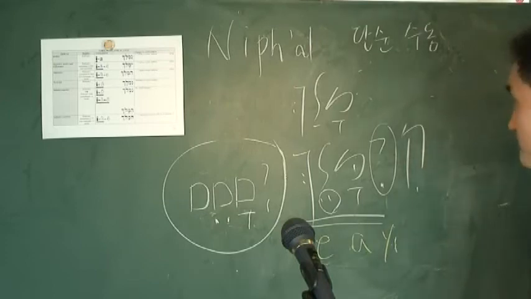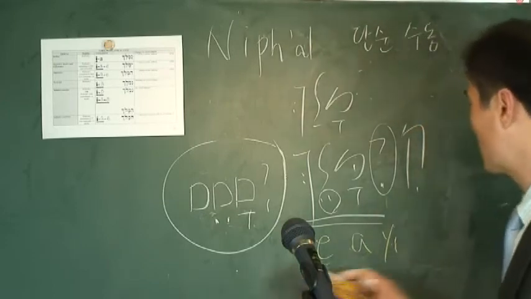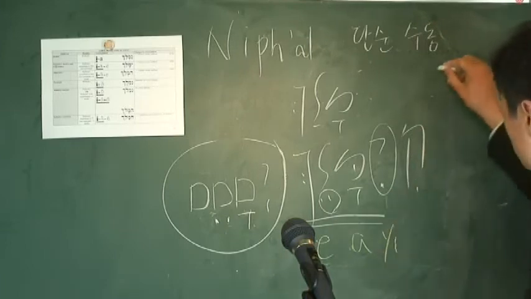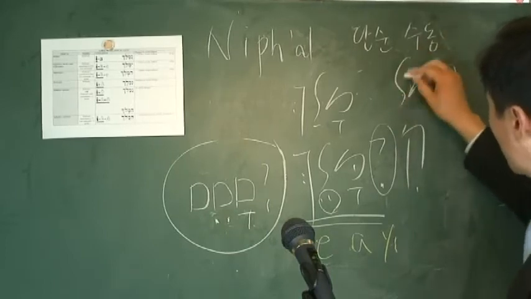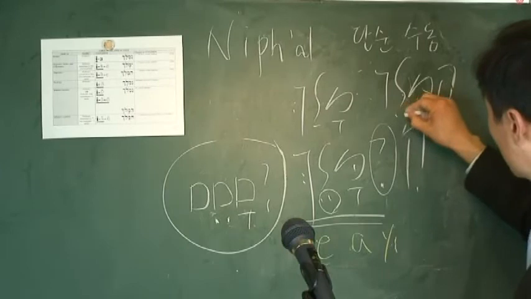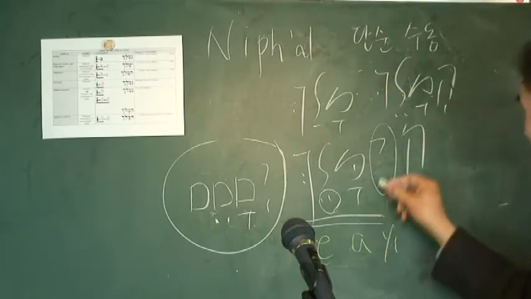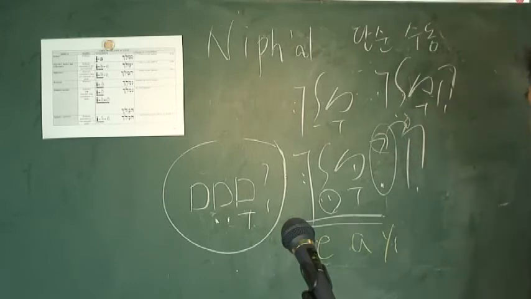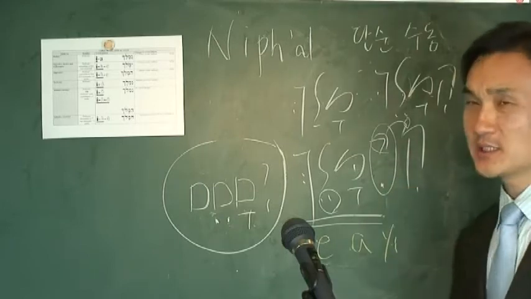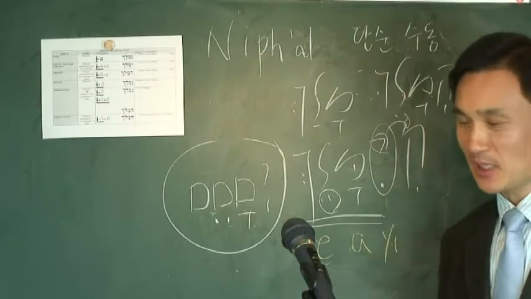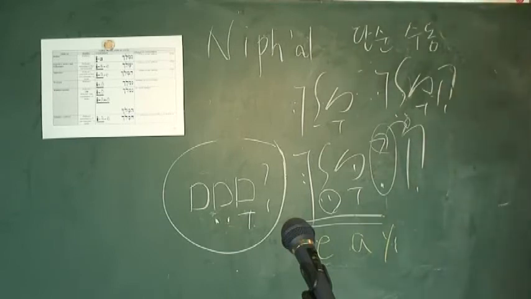The imperative changes the prefix yod to he. Hence, it would be himalek. There are no other changes except that yod changes to he. We can get the second person imperative by changing yod to he of the imperfect form.